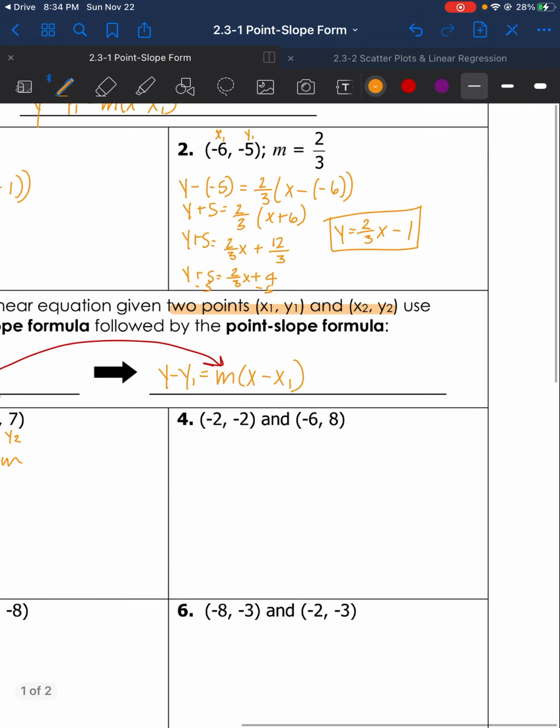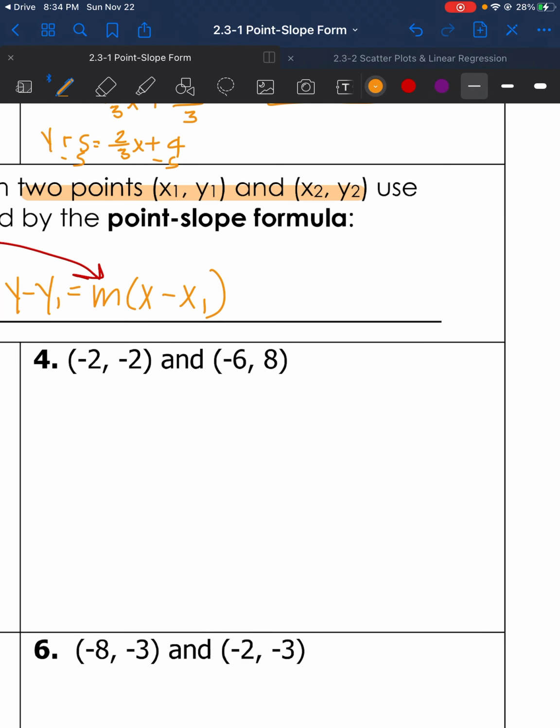All right, so looking at number 4, let's find the line that passes through these 2 points. I'm going to say this is x1 and y1, x2 and y2. Our formula for slope, since it wasn't given to us, we have to calculate it: y2 minus y1, which is 8 minus negative 2, over x2 minus x1, which is negative 6 minus negative 2.